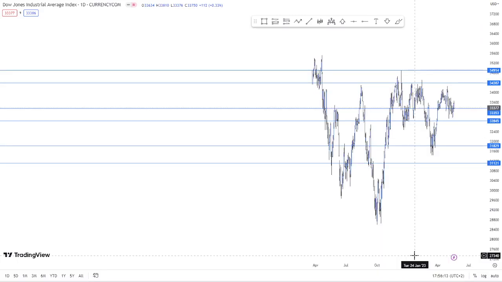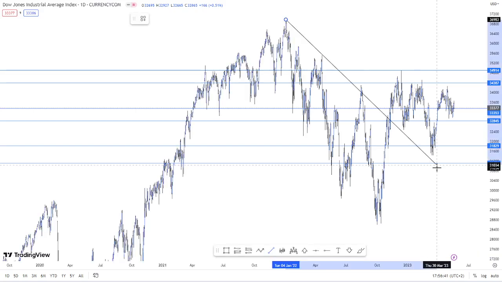Now we're going to be plotting the levels that we know are diagonal support and resistance. I'm talking about the use of trend lines. Here we have a certain structure which obviously got broken.